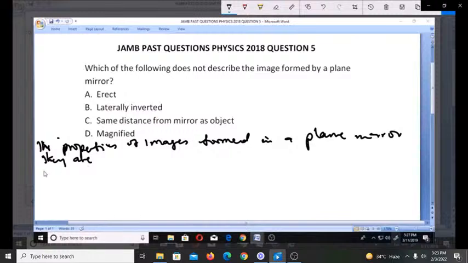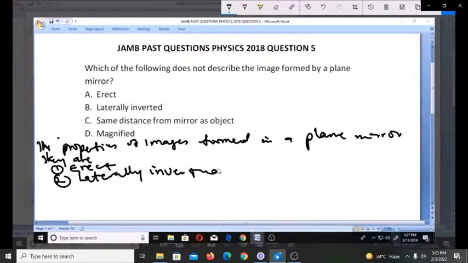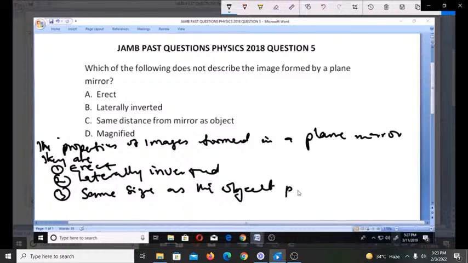They are, number 1, erect. Number 2, they are laterally inverted. It's one of the properties. 3, they are same size as the object placed in front of it. That is, they are same size as the object. That's the meaning of that.